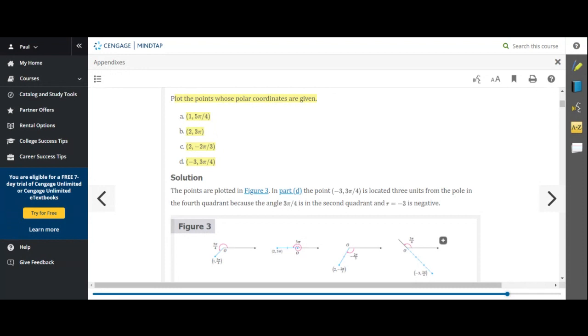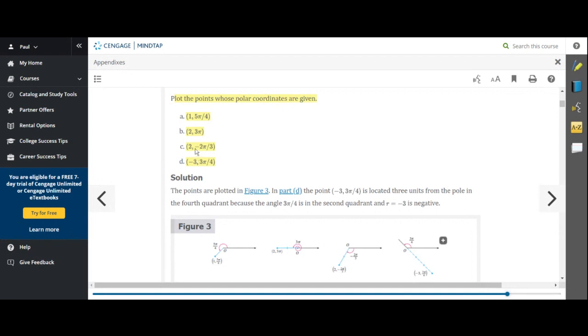Pi over 4 is 45 degrees, and 5 times 45 degrees is 225 degrees. So here in figure 3, they draw the point that has polar coordinate 1, 5 pi over 4. From the positive x-axis, they do an angle of 225 degrees, and then from the origin, move out a radius of 1. And that's how you get the polar coordinate.